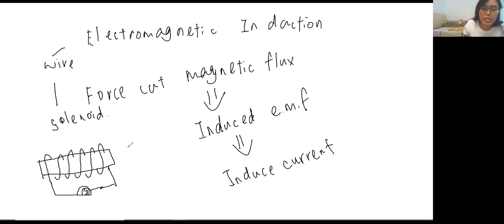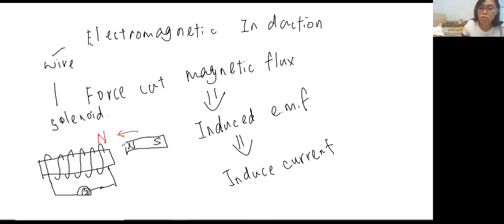If I put a magnet, this one is a north pole and this one is a south pole. If I move it inside, what pole is this? Yes, it is a north pole.